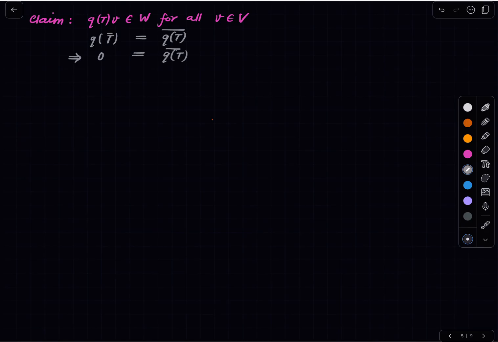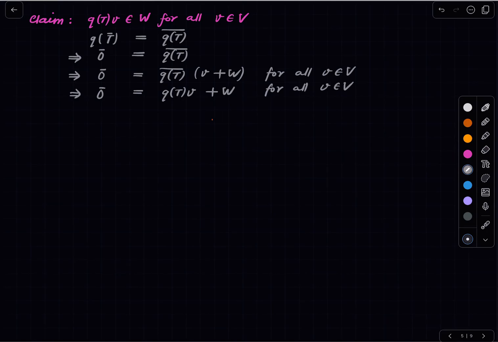So we get this, which means 0 equals this for all v, and maybe 0 bar would be a better notation, which gives us that Q(T)v is in W. So that proves the claim.